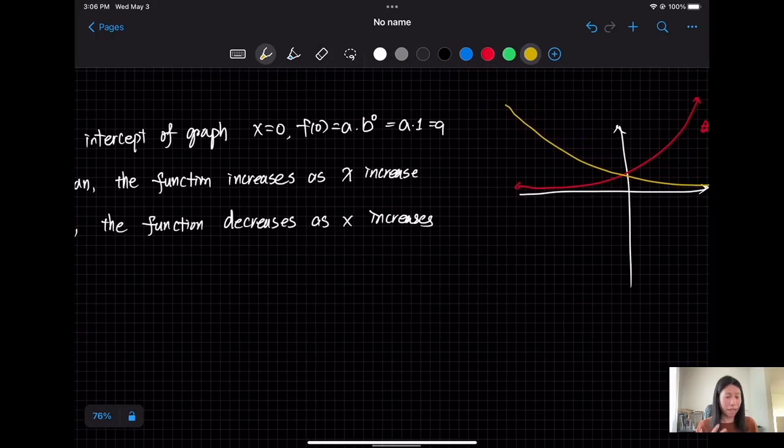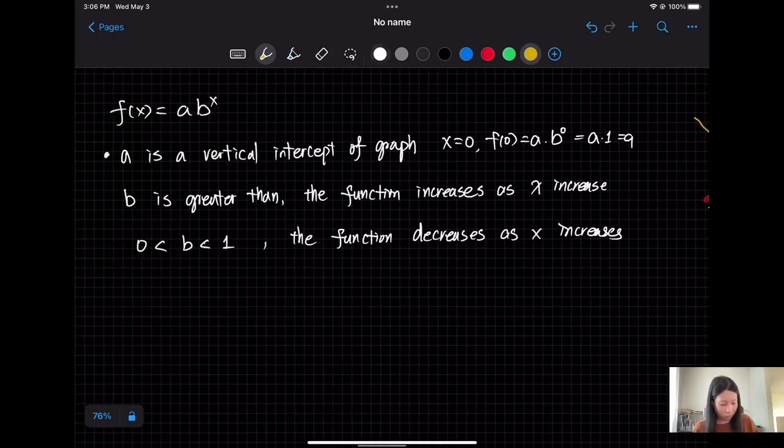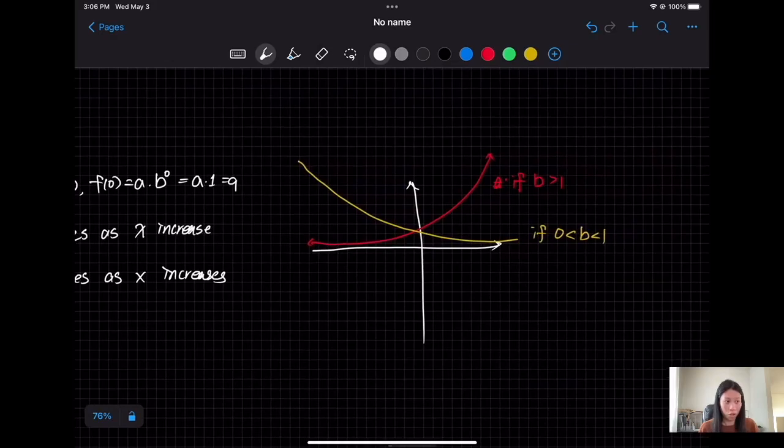Also, you notice that the function has a horizontal asymptote, which is the x-axis, y equals 0. And then we know that the function is going to be concave up.